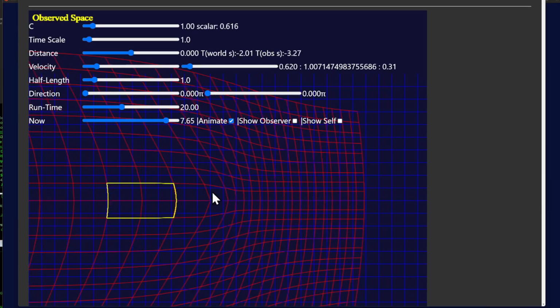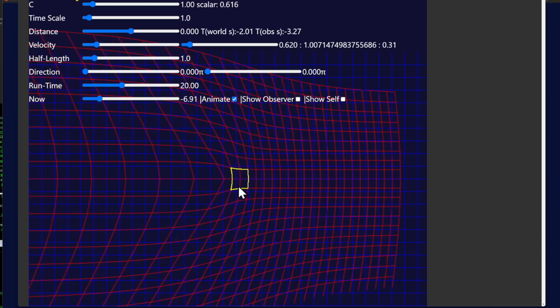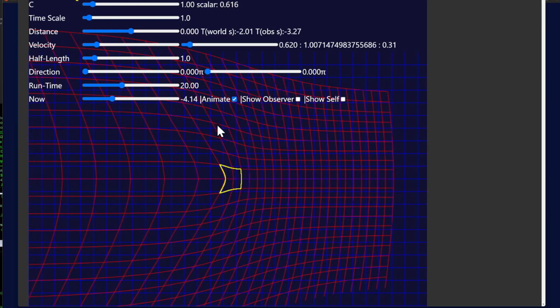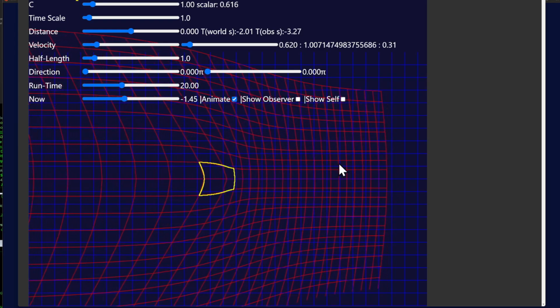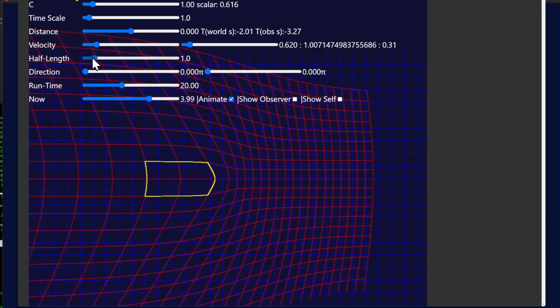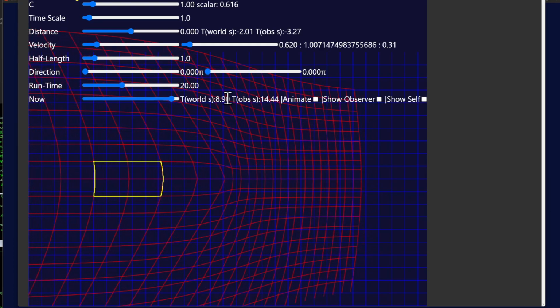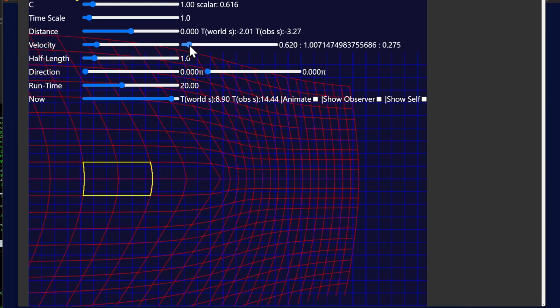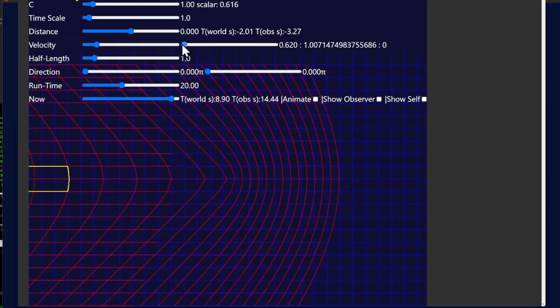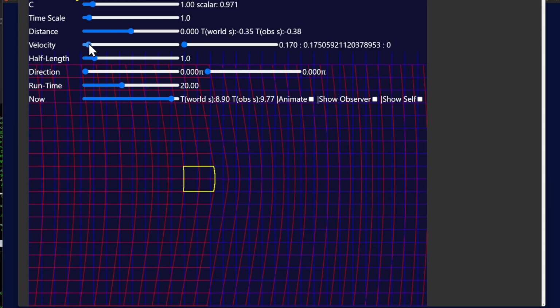This version is more like taking the space that one ship is in and its grid of coordinates. So each grid is a unit of 1 light second. Right now, the observer and the observed are going at 0.